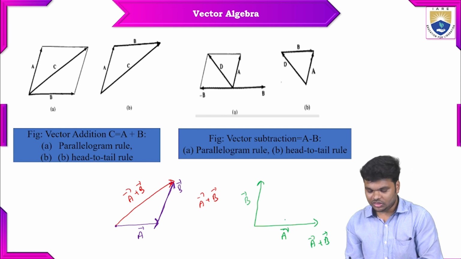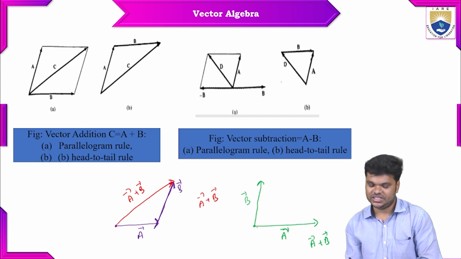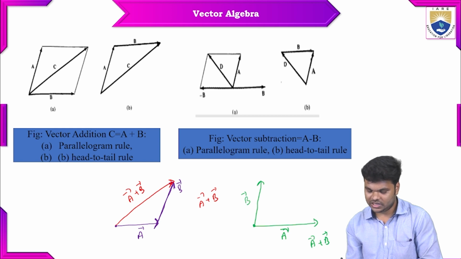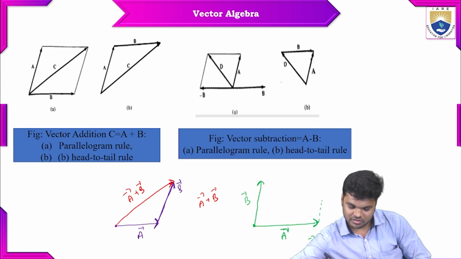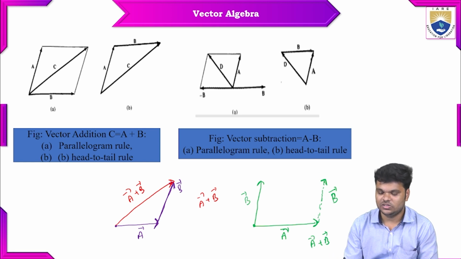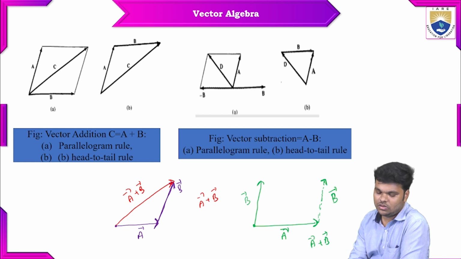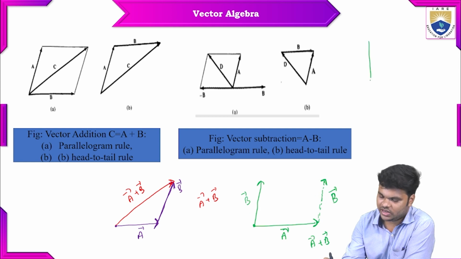Because the tail of B is not at the head of A. Then what should I do? I should construct a vector which is exactly parallel to vector B, has its magnitude exactly equal to B, and direction also in the direction of B. And the question is, can I construct a vector like this? Of course, we can.